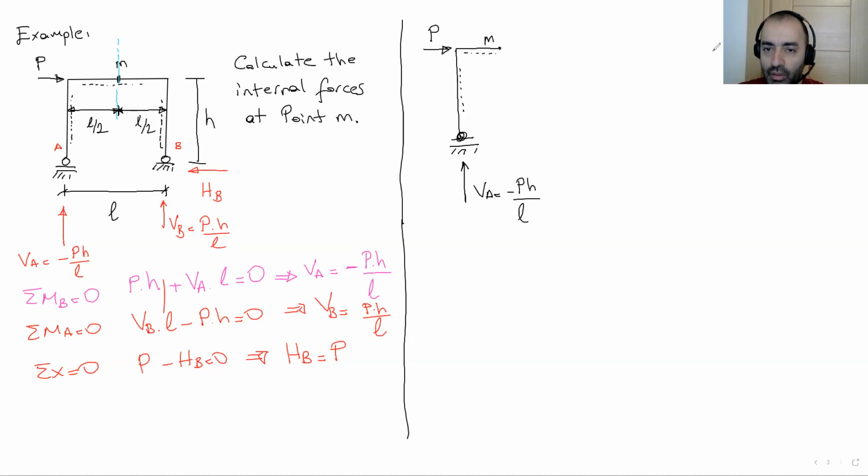Before we start this calculation, let's draw the positive directions in the corner to remember what we are doing.